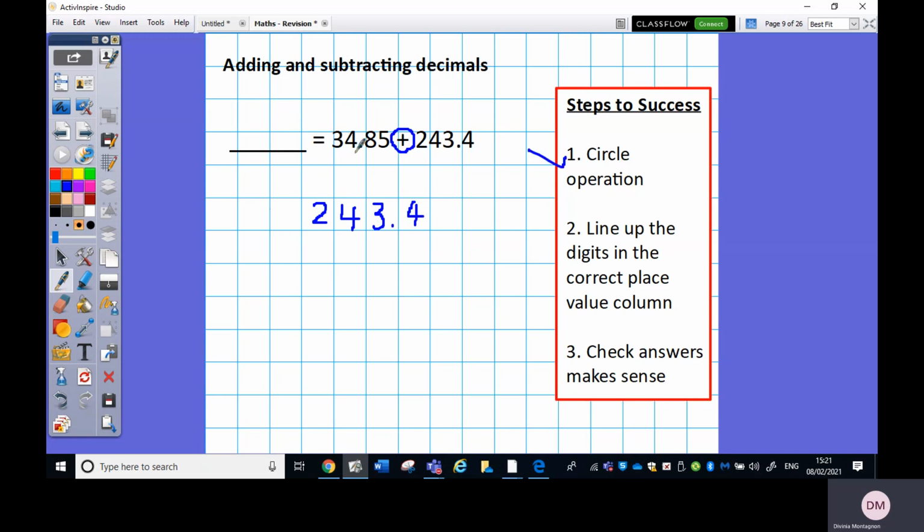Okay. And then I know that I'm going to add. Now I need to make sure that I line up the digits in the correct place column. What must I do with decimals? It's my special rule. Good, I need to line up the decimal.